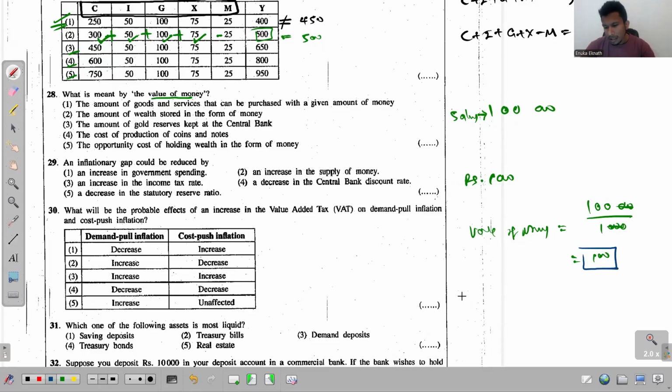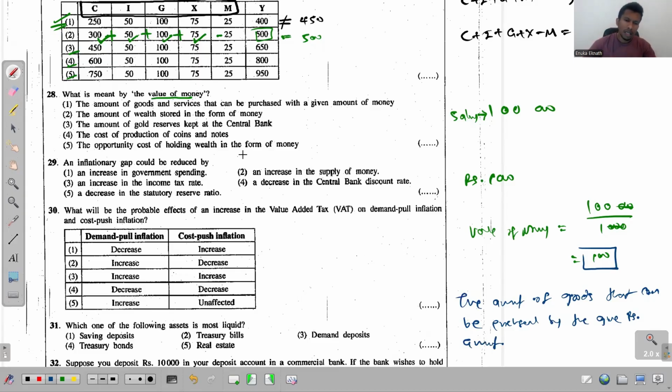So this is simply the amount of goods that can be purchased by the given rupee amount. Right?